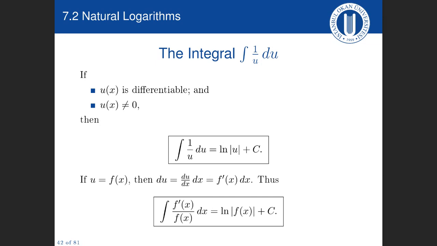And if u is a function of x, then du is f prime of x dx, and our formula becomes the integral of f prime divided by f dx is equal to ln of the absolute value of f of x plus c.